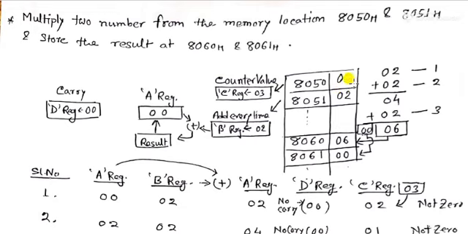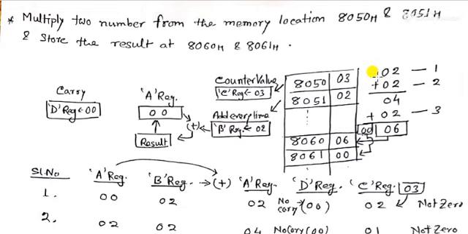If we add 3 two times, the result will be 6, or if we add 2 three times, the result is also 6. So by adding repeatedly you can get the multiplication value. Here the example is 3 and 2, and the result will be 6. How is it possible? By addition, in this way.